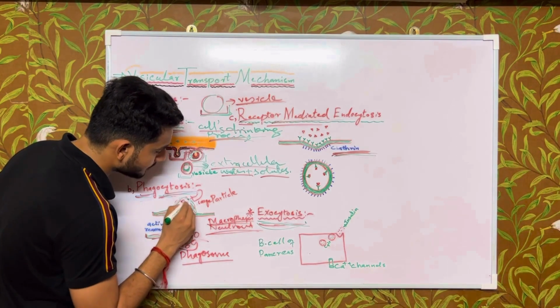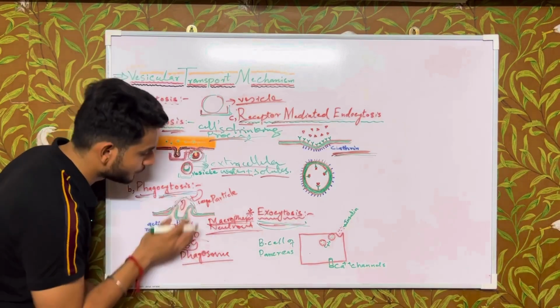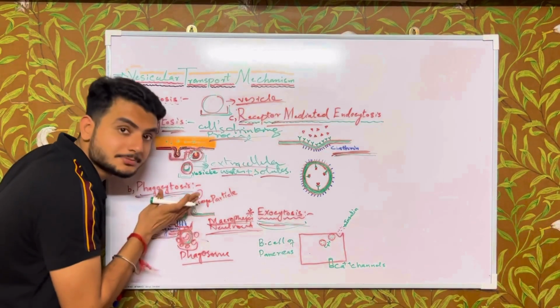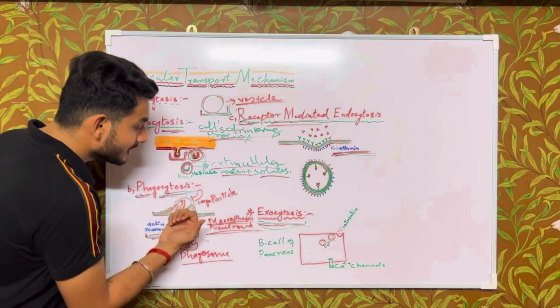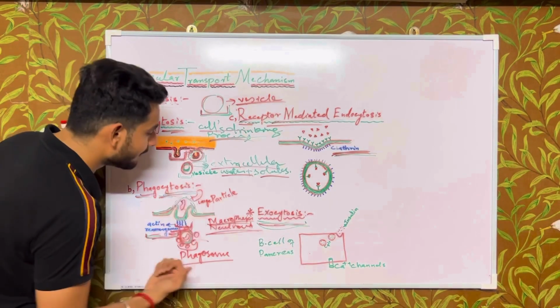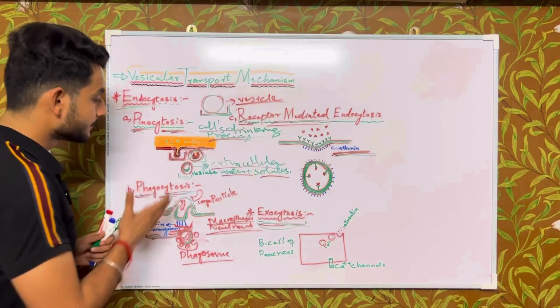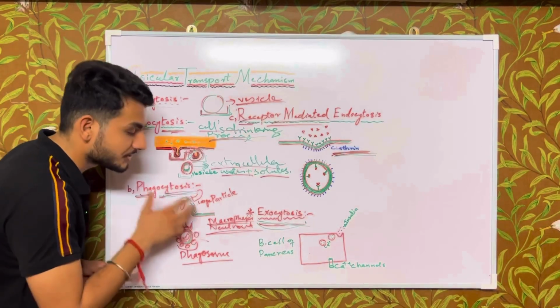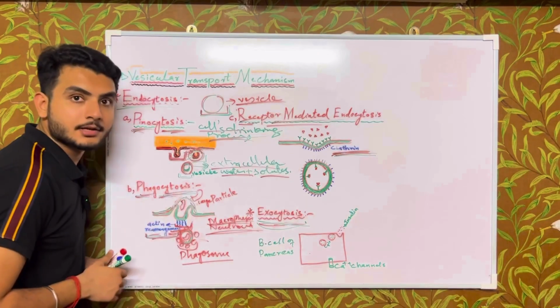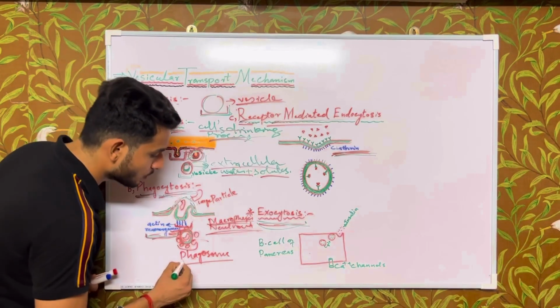On the opposite side of this fusion, there is a rearrangement of actin molecules, and these actin molecules pull that part of the membrane inward, due to which a vesicle is formed. This vesicle then detaches from the membrane, and it is known as a phagosome.